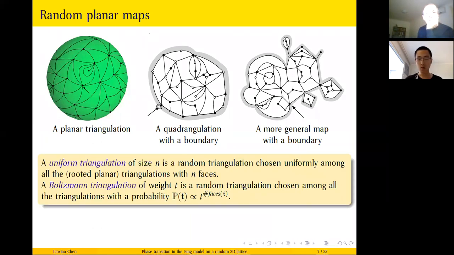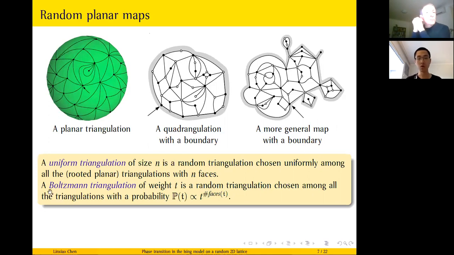And once we have these deterministic planar maps, we can put randomness on these objects. A uniform triangulation of size n is just a random element chosen uniformly in the finite set of all triangulations with n faces.